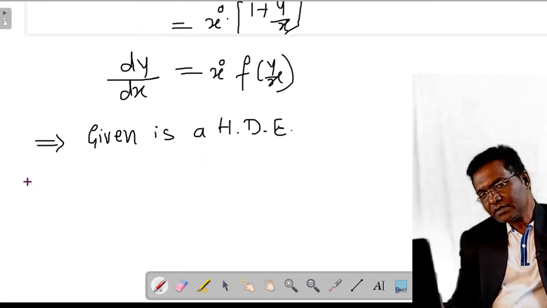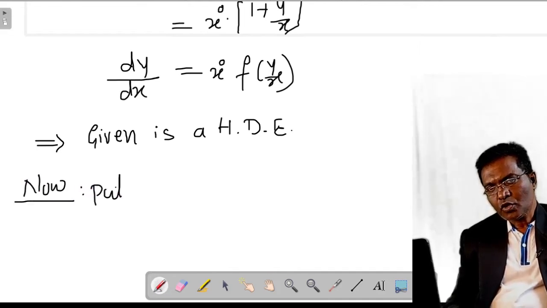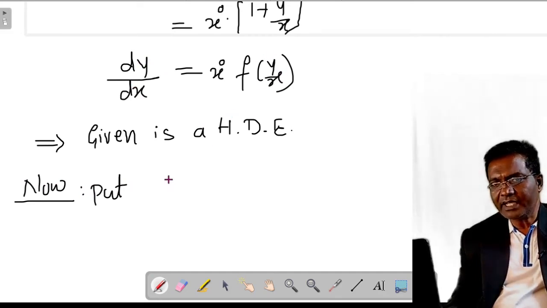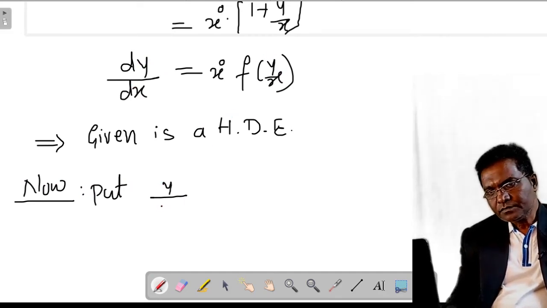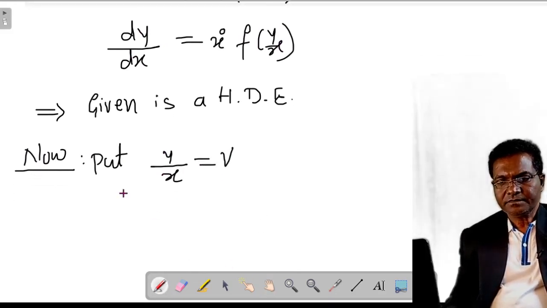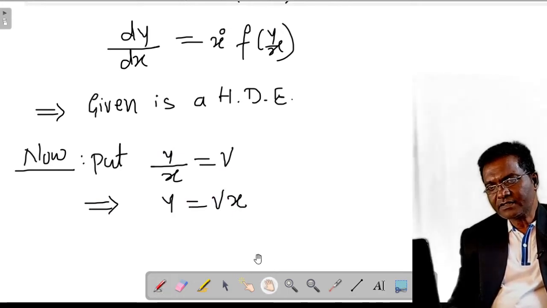Okay. Now put your dy by dx expressed in this form, f of y by x. So you have to put y by x equals v. That means y is equal to vx.